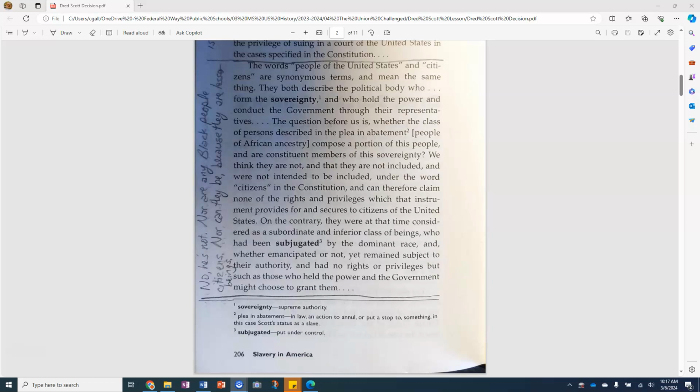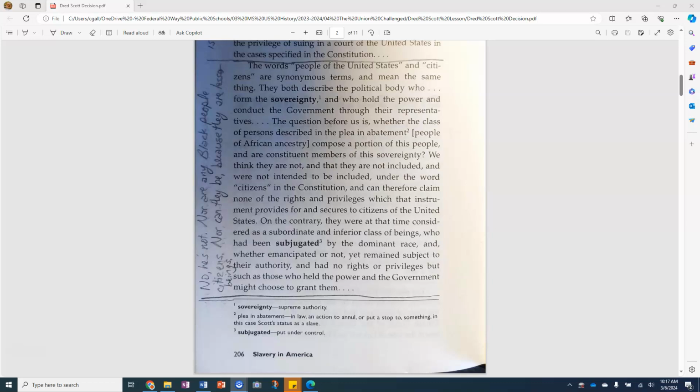They had been enslaved, okay, put under control. They were controlled by the dominant race. And whether emancipated or not, emancipated means freed, yet remain subject to their authority. So whether they're free or not, they're still under the authority of white people. Okay? And they have no rights or privileges, but such as those who held the power and the government might choose to grant them.